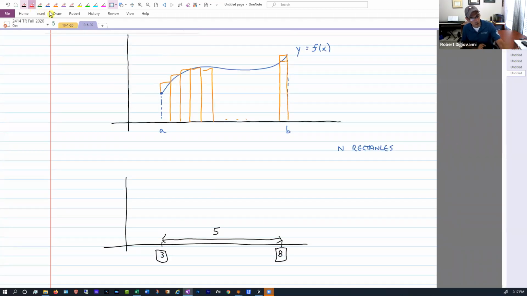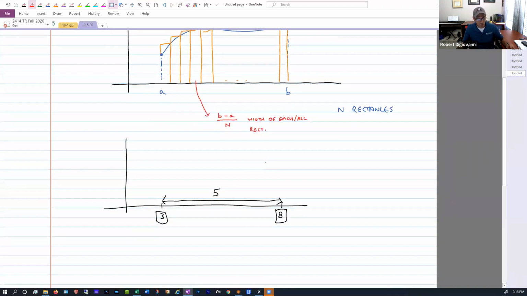So each of these widths, I'm just going to grab one of them. The width of this, which means the width of all of them, is the b take away the a, divided by n. This is the width of each rectangle. You can say all rectangles. So that's good, right?